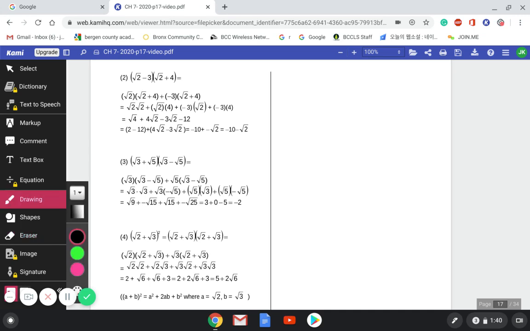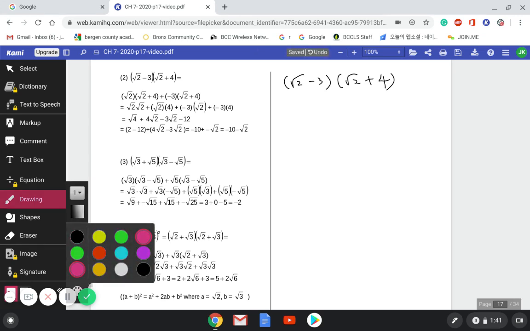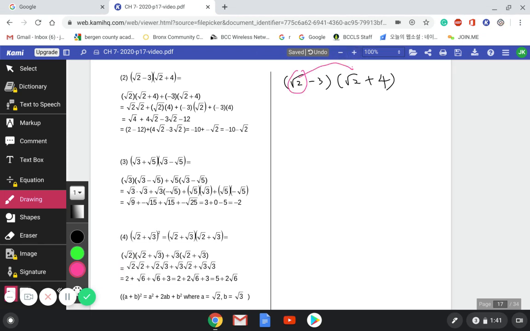So when you have radical 2 minus 3 times radical 2 plus 4, we are going to distribute radical 2 with a radical 2 and radical 2 with a 4, and then negative 3 with a radical 2 and negative 3 with a 4.